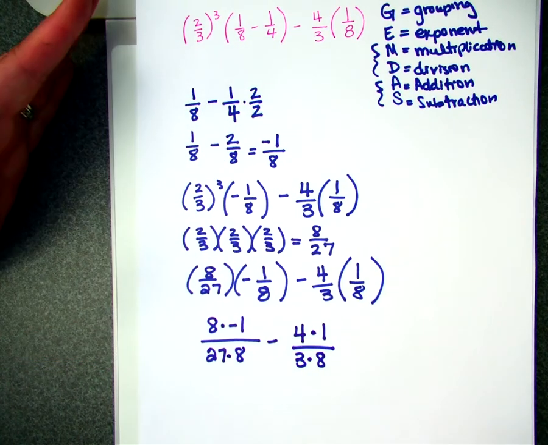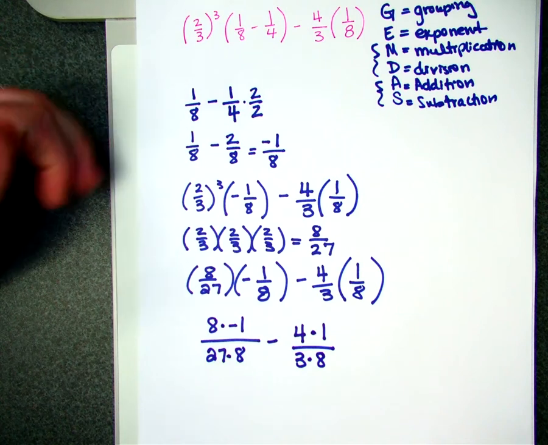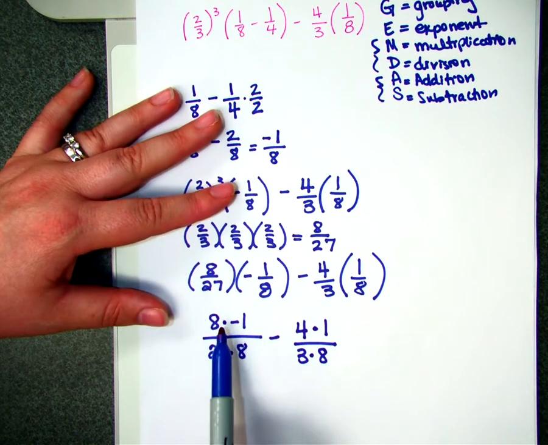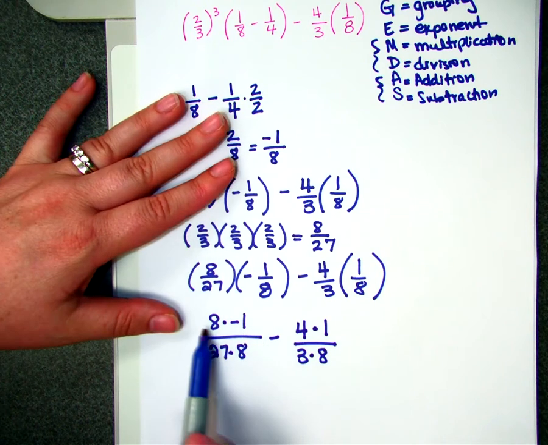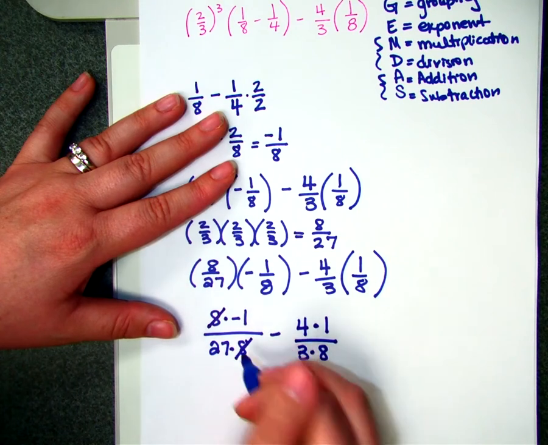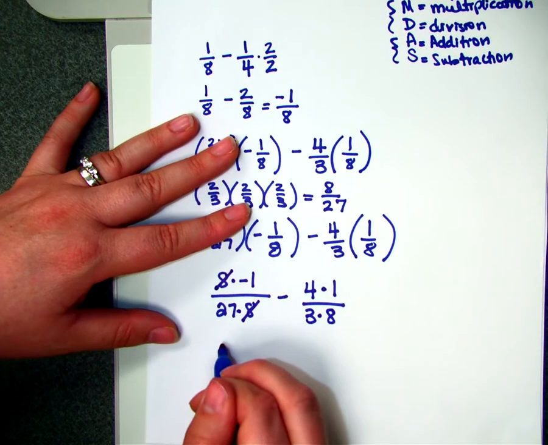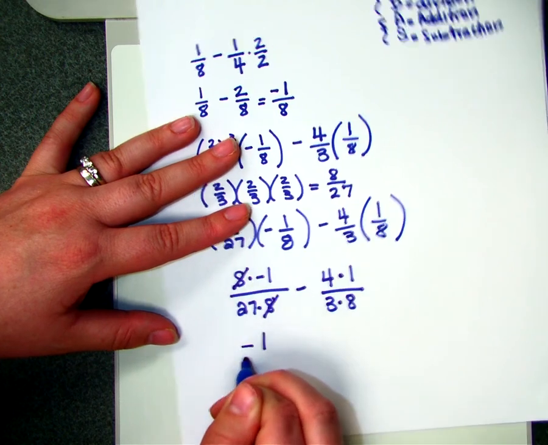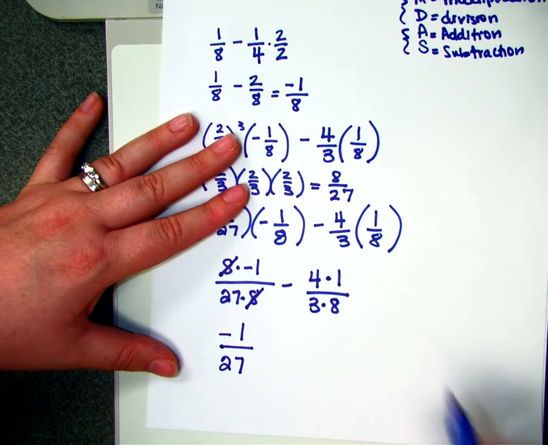That is, are there any factors in the numerator that are also in the denominator? And by factors, I mean numbers that you're multiplying with. So in my numerator, I have an 8, and in my denominator, I also have an 8. That's equivalent to 8 over 8, or 8 divided by 8, which is 1. So now you're just left with negative 1 over 27 for this first set of fractions.